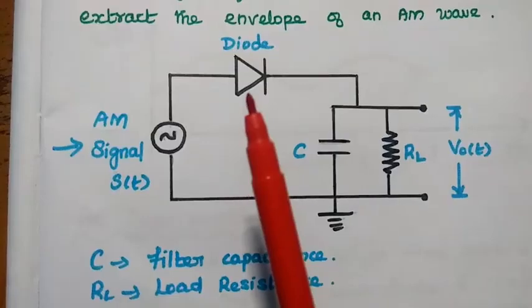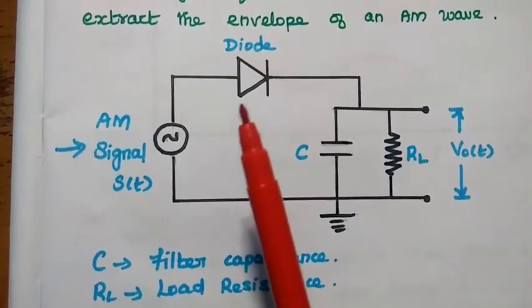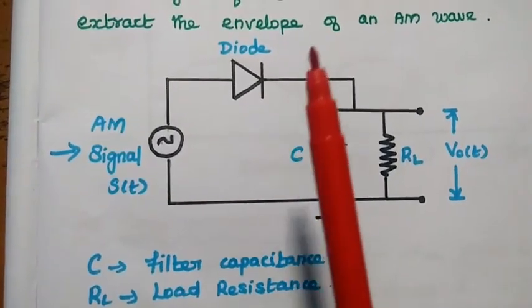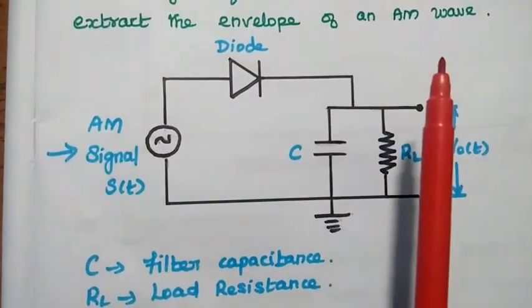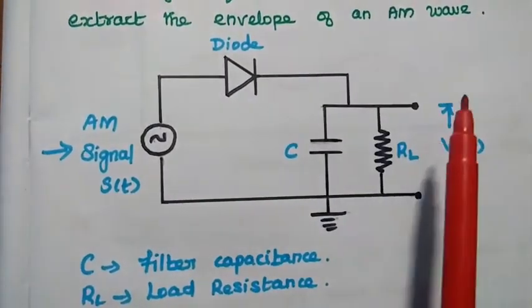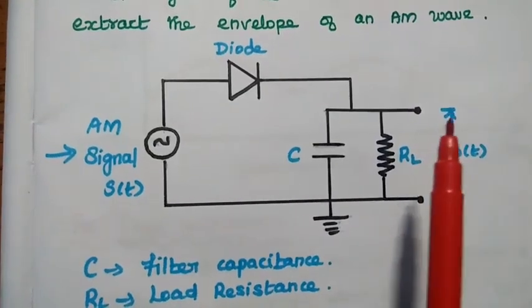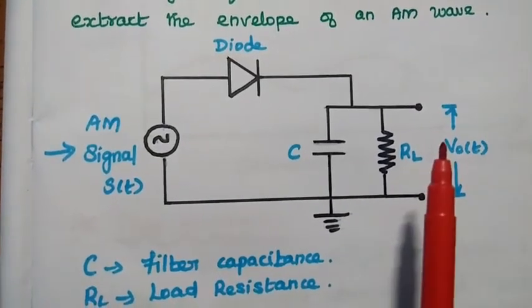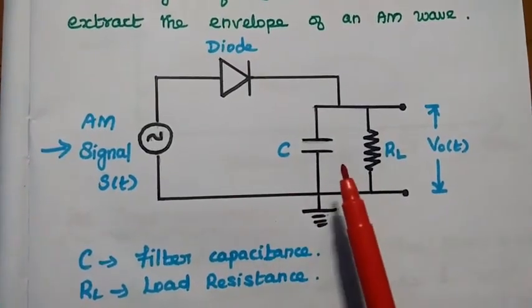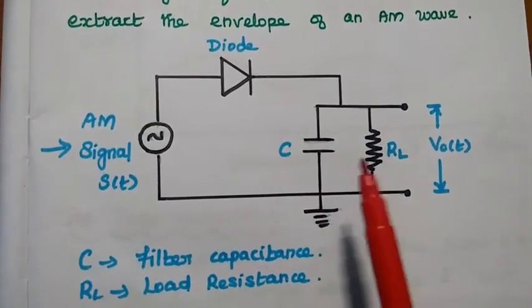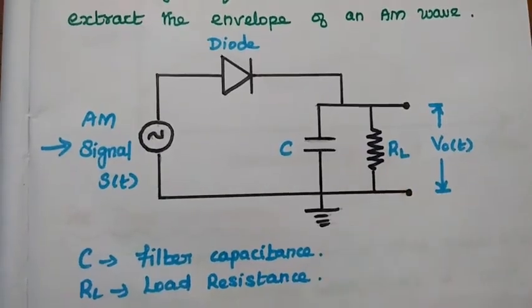Based on the diode characteristics, we can obtain the envelope of the AM wave at the output side. From that we can get the original message signal using a low pass filter. Here C is the filter capacitance and RL is the load resistance.